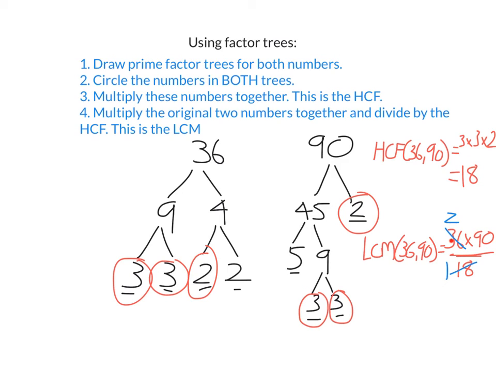Instead of doing 36 times 90, getting a big number and dividing by 18, now all we have to do is 2 times 90, because dividing by 1 doesn't change it. 2 times 90 divided by 1 just gives you 180. That was so much easier to do. So always try and cancel if you're not using a calculator.